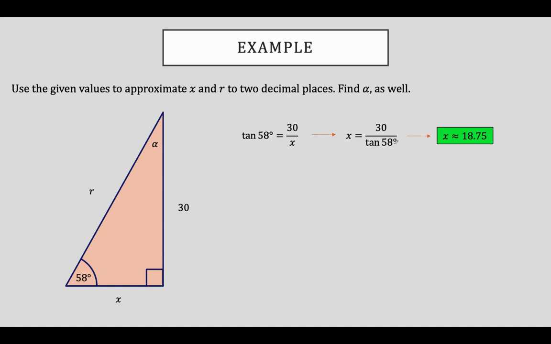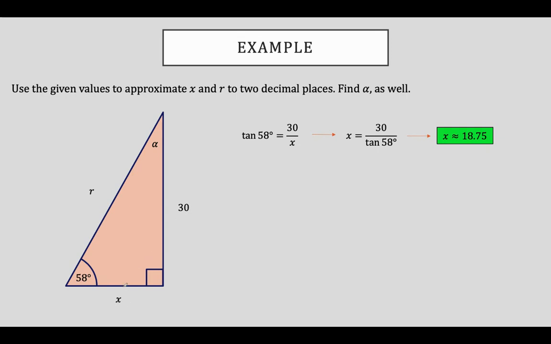Now notice, we are measuring these angles in degrees. This means your calculator must be in degree mode in order to obtain the correct answer. All right, so make sure your calculator is in degree mode. That's how we can solve for x. Now, that gives us 2 sides of our right triangle.